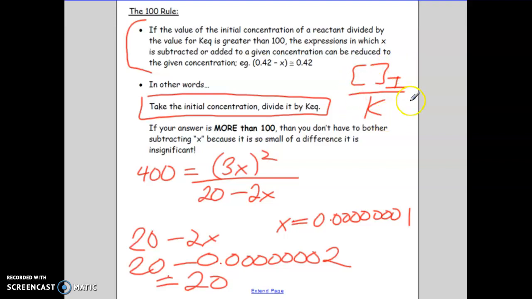But as long as it's 100 or more, what that essentially means is you don't have to worry about subtracting X from your initial concentration, because it's so small that the difference is not really going to be felt when you calculate your values. And you'll notice here, 0.42 minus X would just become 0.42.